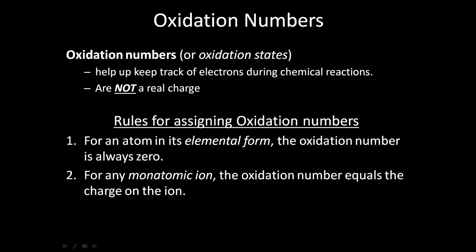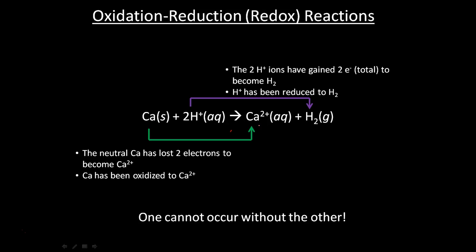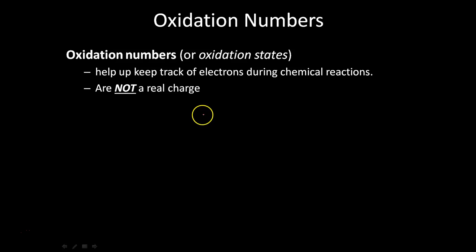Here are some rules for assigning these oxidation numbers. The first rule is that for an element in its elemental form, the oxidation number is always 0. If you look back at the reaction we were using for an example, this calcium right here is in its elemental form, so its oxidation number would be 0.